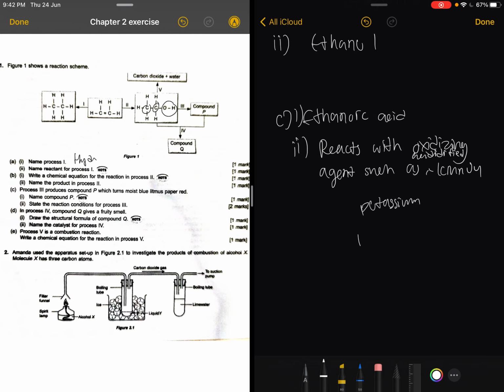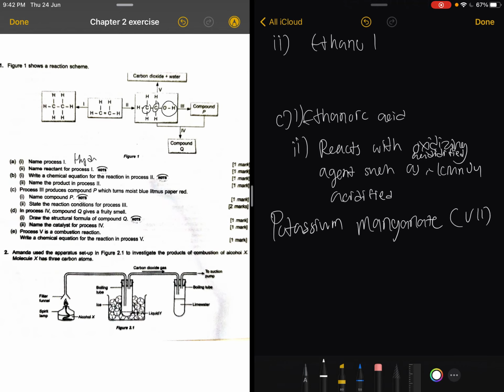Acidified potassium manganate. Oh my god, my handwriting is so ugly. Okay, potassium manganate 7. You have to put acidified at the front.